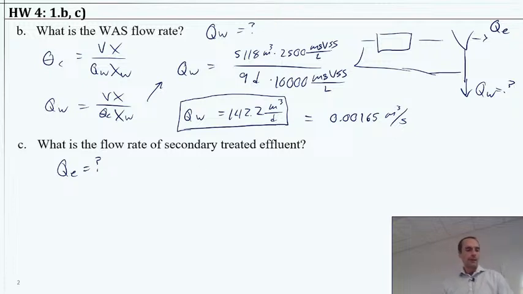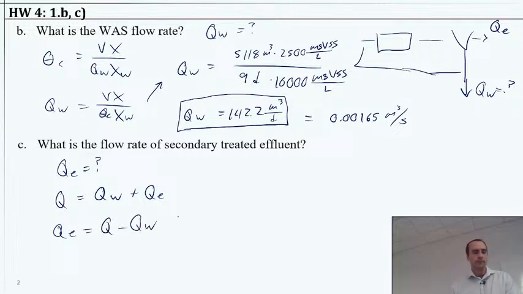So we can say the total flow that we were given, Q, is going to be QW plus QE. So what's going in is equal to what's going out. Very simple. We can rearrange that and say QE should be Q minus QW.